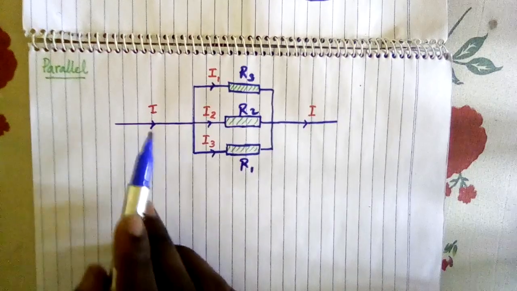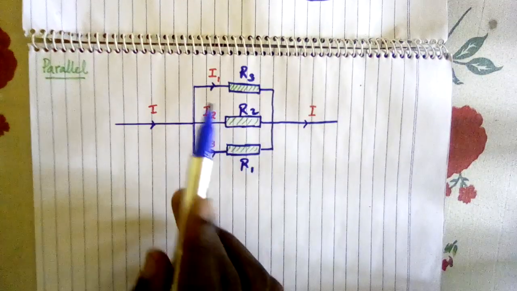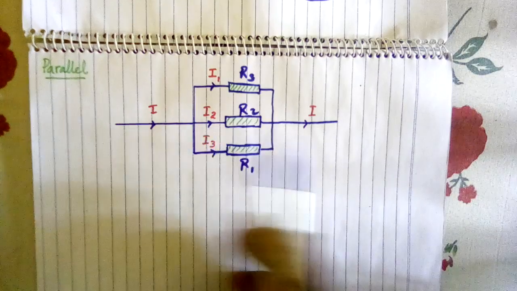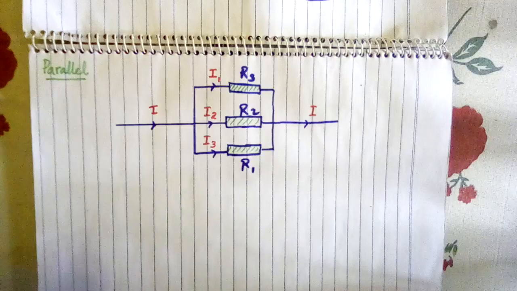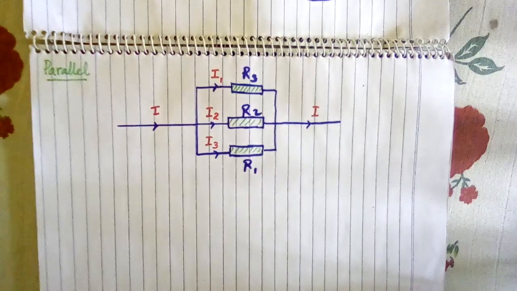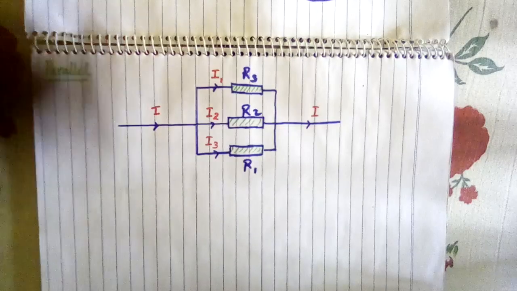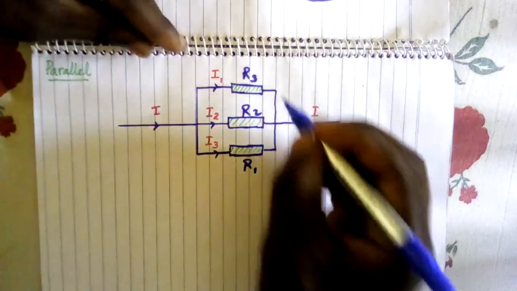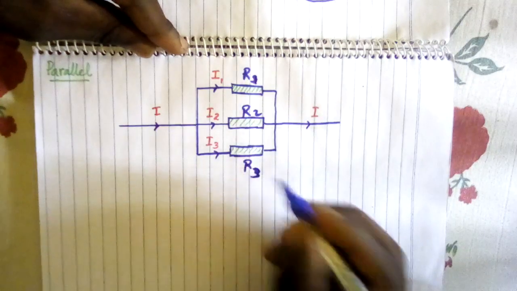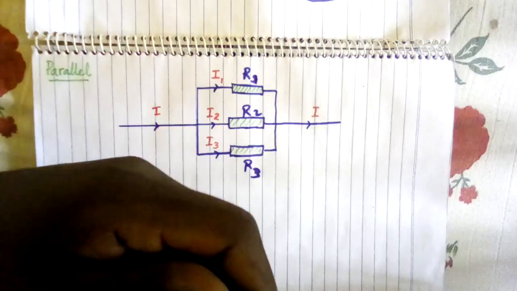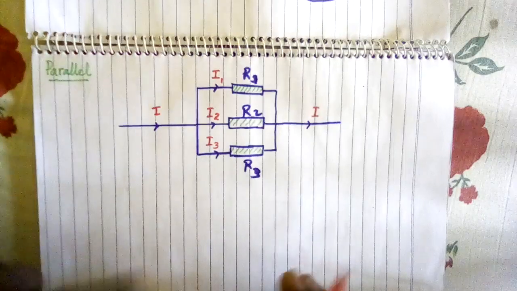They have the current I flowing through these resistors, and R1, R2, R3 have the currents I1, I2, and I3. Let me just reverse the order. Let's say this is R1, this is R2, this is R3, so that I can make things simple. I don't want to confuse my viewers.